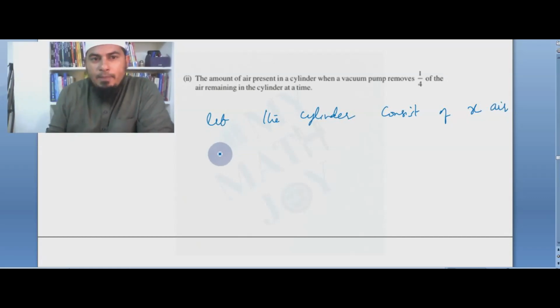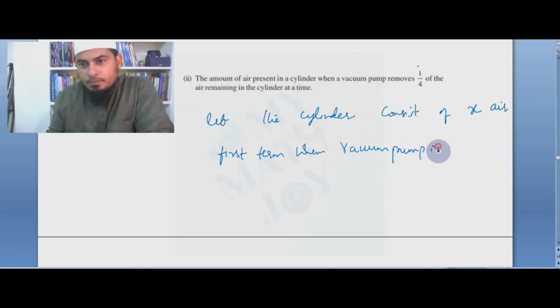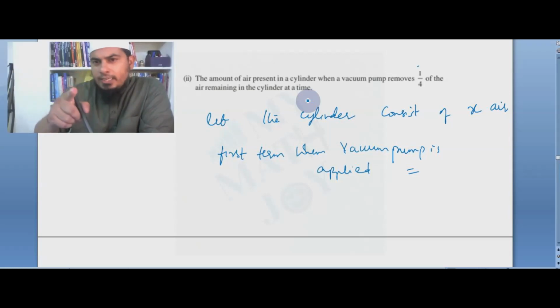When we apply a vacuum pump, it will remove 1/4 of the air. So the first time when the vacuum pump is applied, what is happening? If you identify logically, I think it will not be an AP.